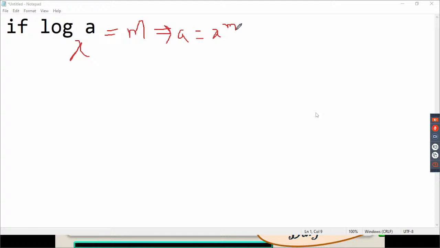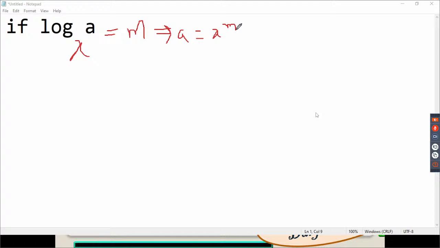Okay, write on the side heading: properties of the logarithms. Every problem depends on the properties of the logarithm.